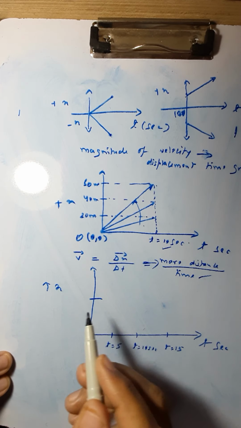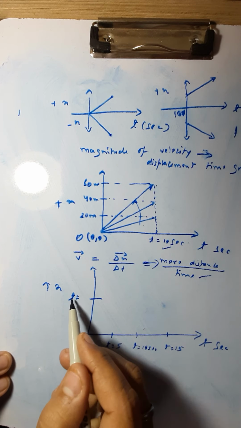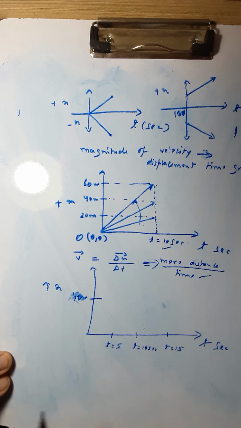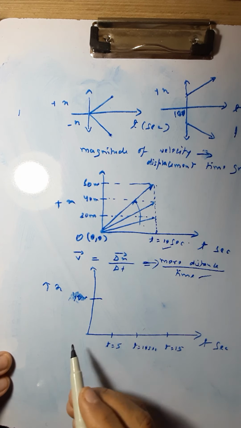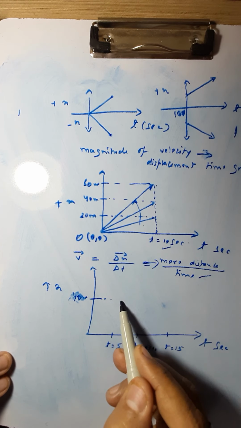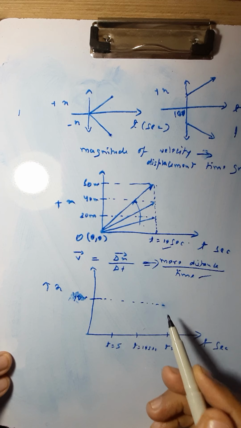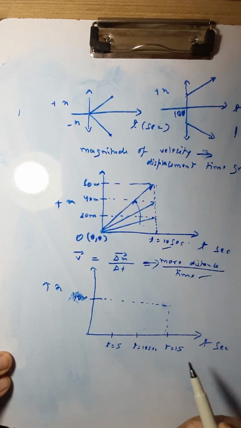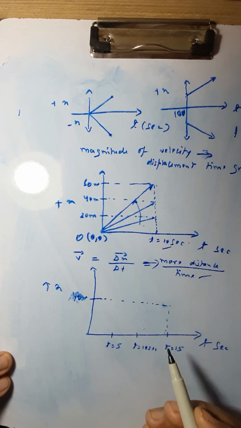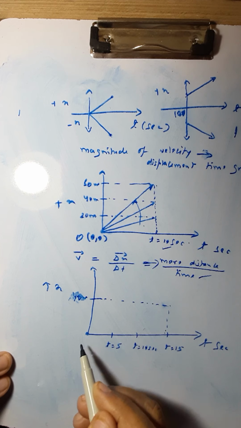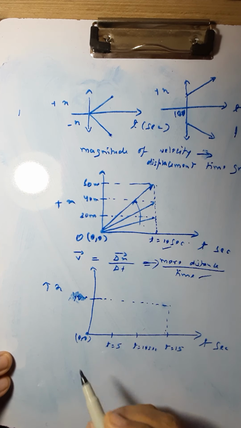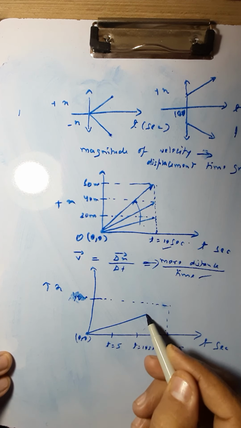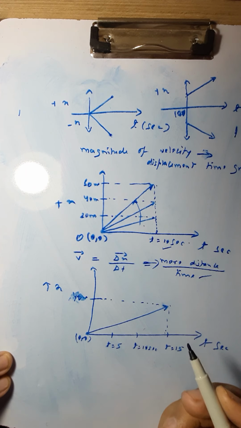Here the distance x is equal to 40 meter. So suppose at time t equal to 15 seconds, the particle is at 40 meter, and initially the particle was at 0, 0. Okay, then its graph would be like this.